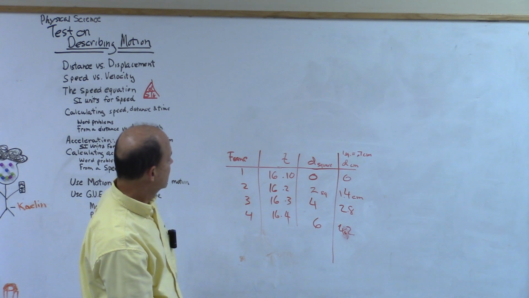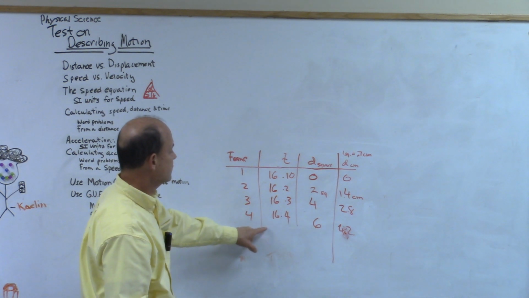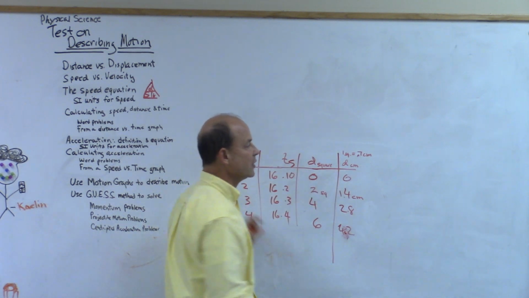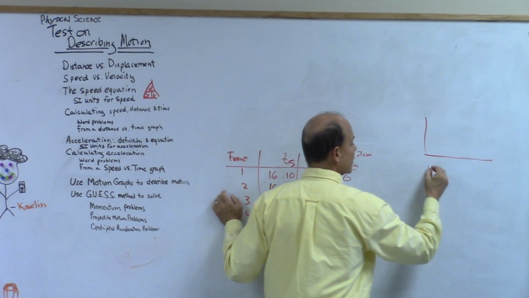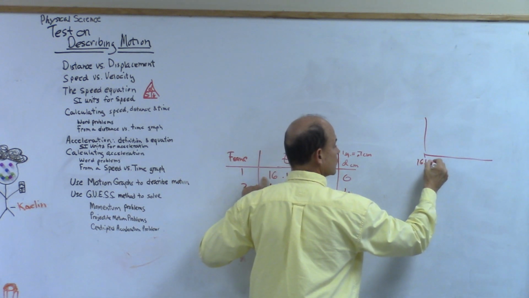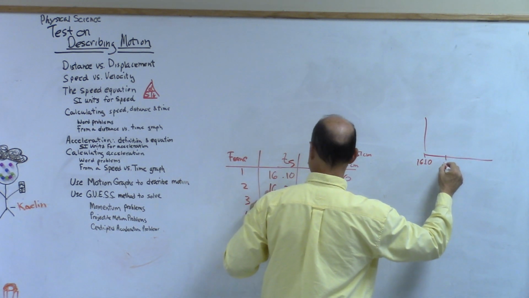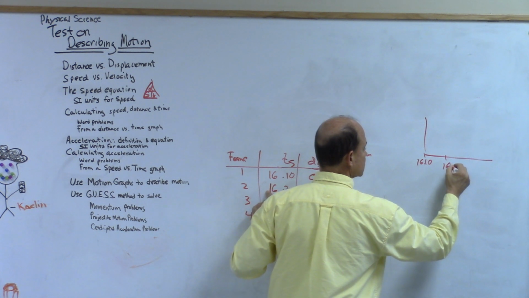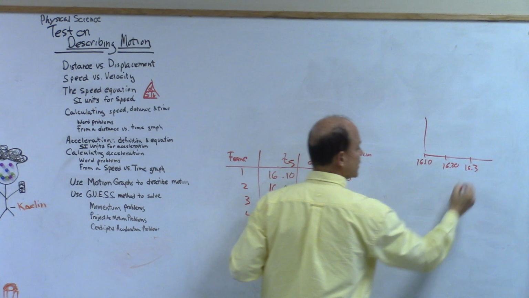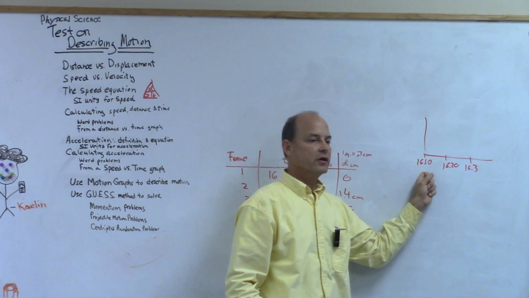Now, what about my time here? Well, you still have time in seconds and distance in centimeters, so now you can make a graph. This is 16.1, this is 16.2, this is 16.3. It's okay to not have 0 in the beginning here.